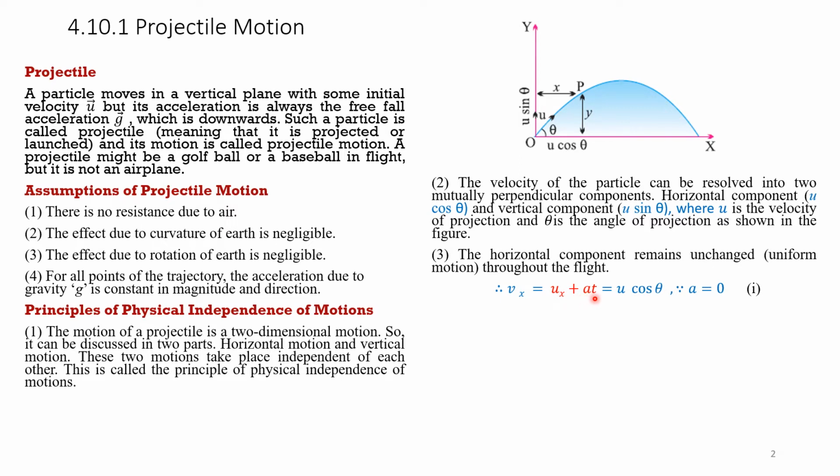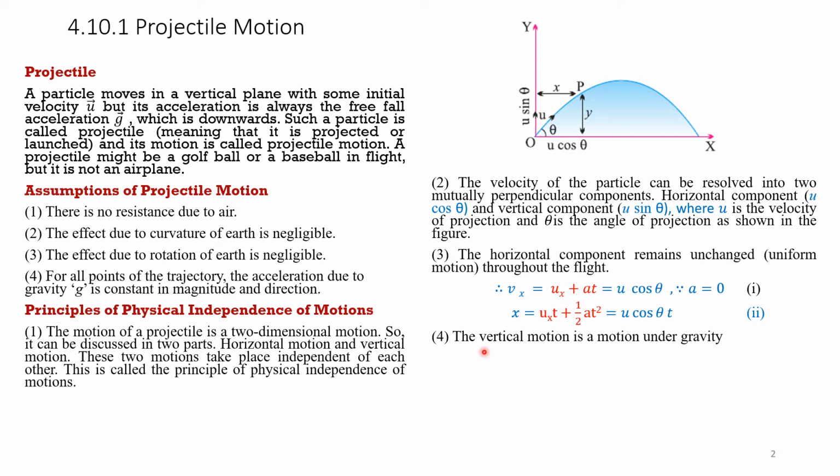That is given by the relation Vx equals u cos theta, because in the horizontal component acceleration is 0. And the displacement x is given by the equation x equals uxt plus half at square, and because a is 0 here in the horizontal component, x is equal to uxt, that is ux is u cos theta into t. Let it be equation 2.